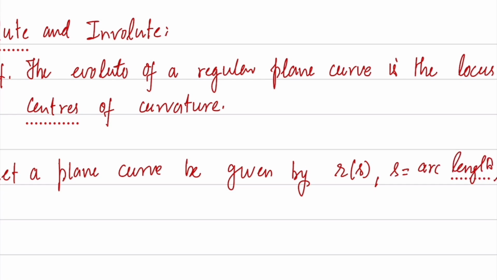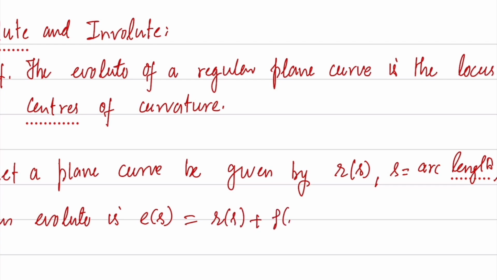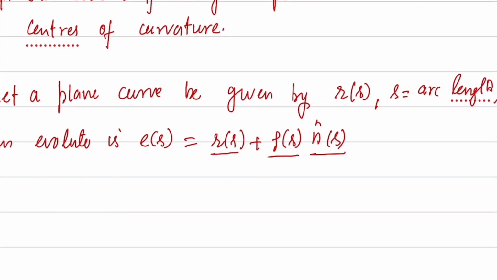Then the evolute, which we can denote by E of s, is equal to r of s plus rho of s into n of s, where r of s is the given curve, rho of s is the radius of curvature, and n of s is the unit vector in the direction of the principal normal.